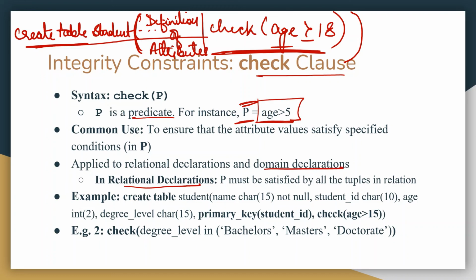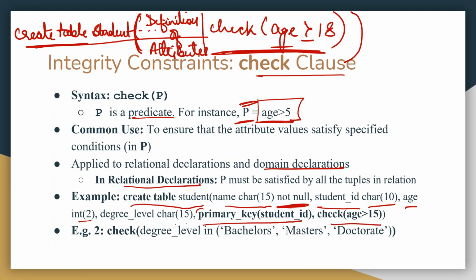So let's take another example of relational declaration. We have create student table, name character 15 not null, so name cannot be null, and then student ID char 10, age int, degree level char 15, and then primary key constraint. So we have the student ID as the primary key, and then check age is more than 15.